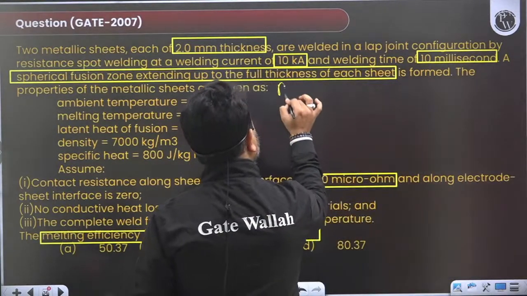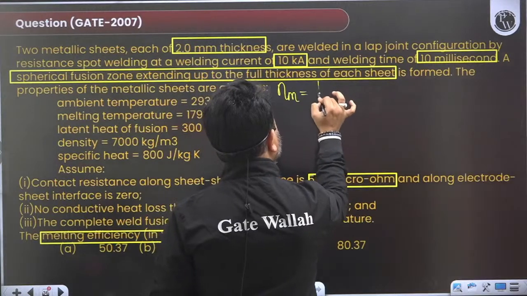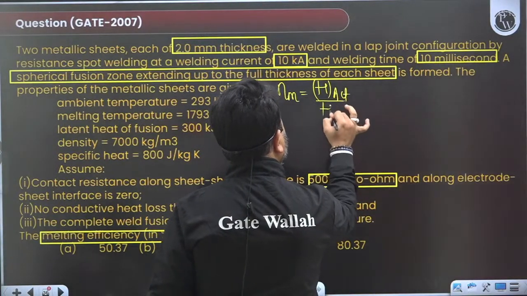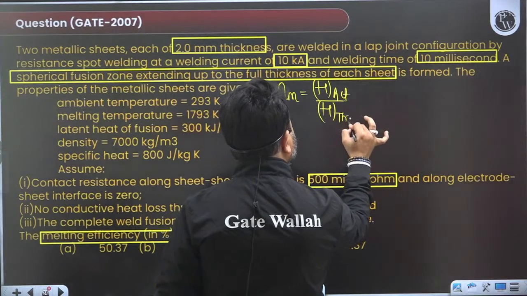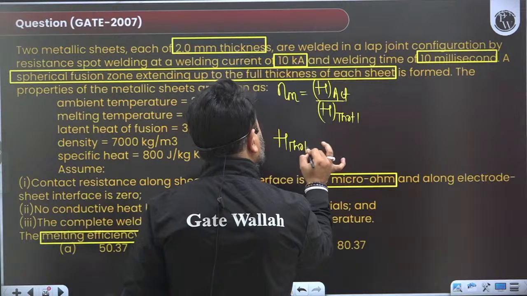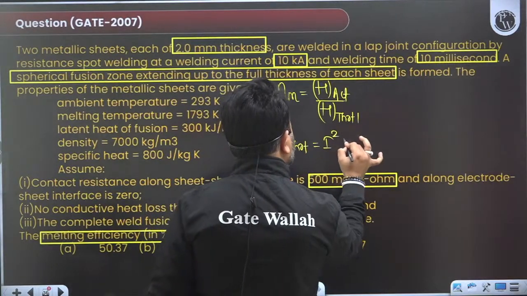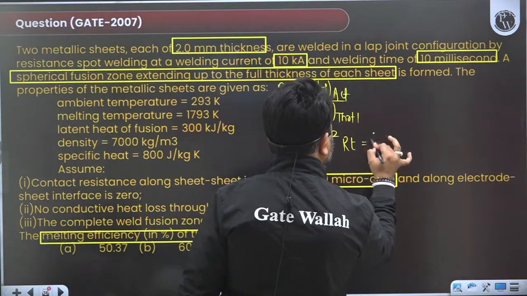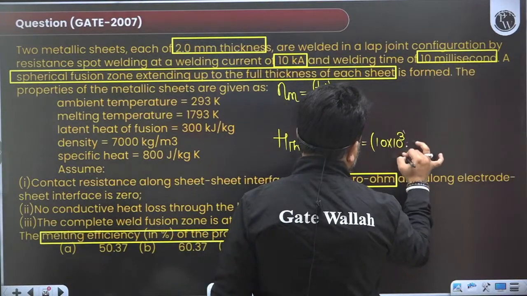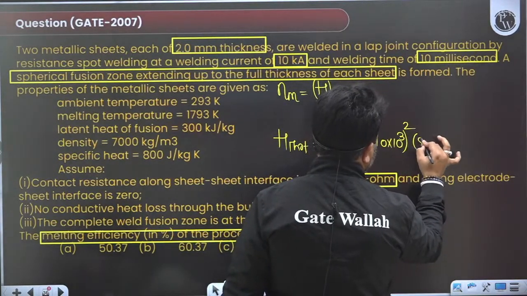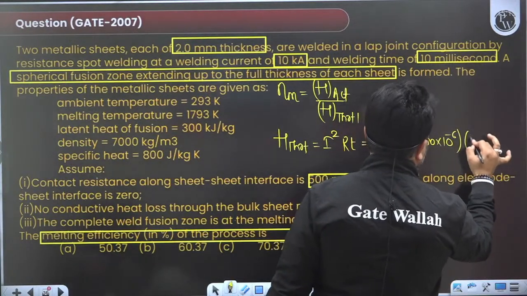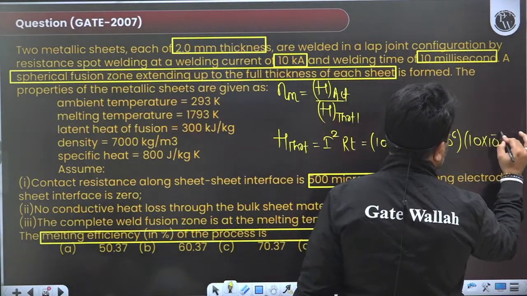So the melting efficiency is actual heat divided by theoretical heat. Simple. So what is the theoretical heat? That is I square RT. I is 10 kilo ampere, R is 500 micro ohm, and time is 10 millisecond.